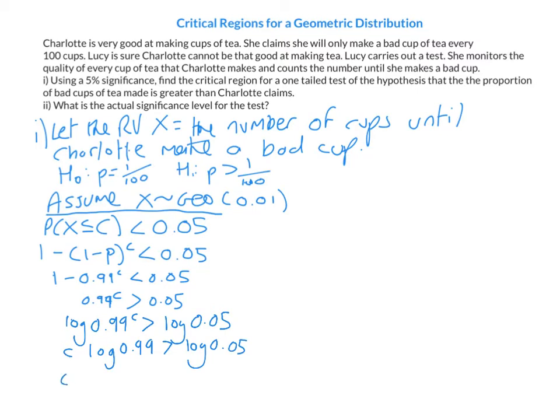So I'm left with c is less than log 0.05 over log of 0.99. Now log of 0.99 is going to be a negative number. Therefore, when you're dividing or multiplying by a negative number in an inequality, we change the sign.